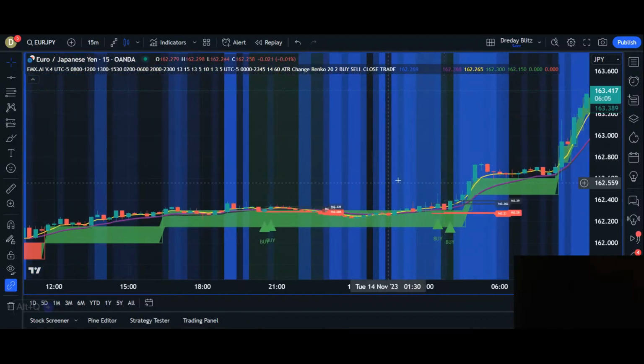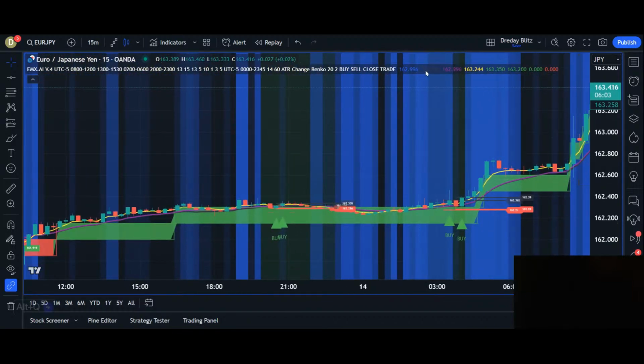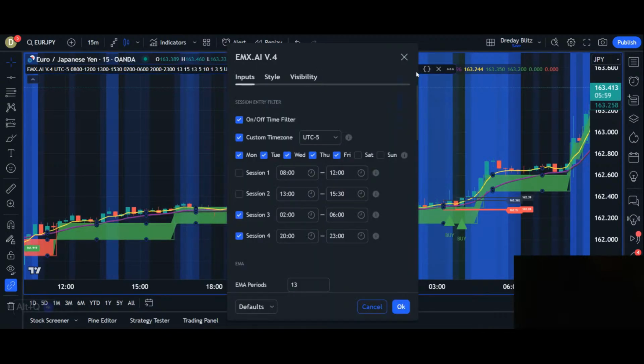So for Euro JPY, first of all, I'm going to make sure that we're looking at the right signals. We have the sessions set for the Asian session and London. Why? Because Euro is mostly traded in the London session, and the JPY is usually traded off of the Asian session.